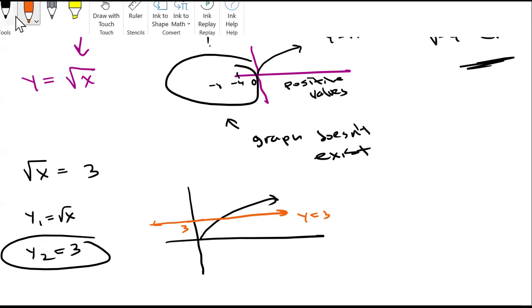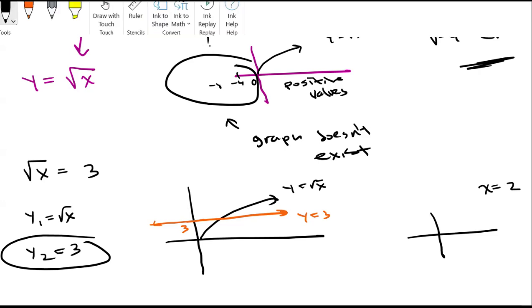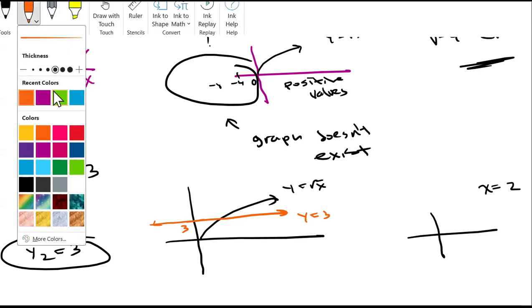And again, over here, this is y is equal to square root of x. Again, we need to understand the graphs. If we don't understand the graphs, then the equations are just a bunch of gibberish. It doesn't make any sense. So what if I had, say, x is equal to 2? What kind of graph would that look like? That would also be linear. Which way is it going to go?